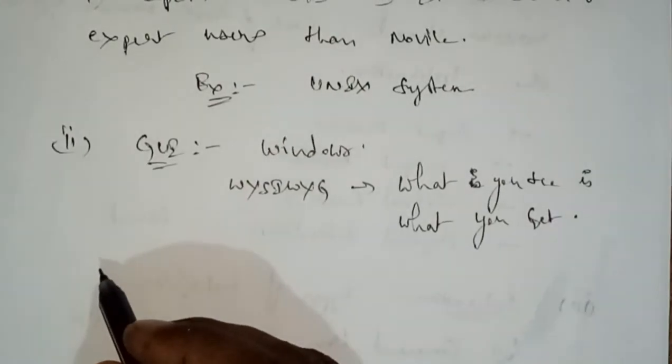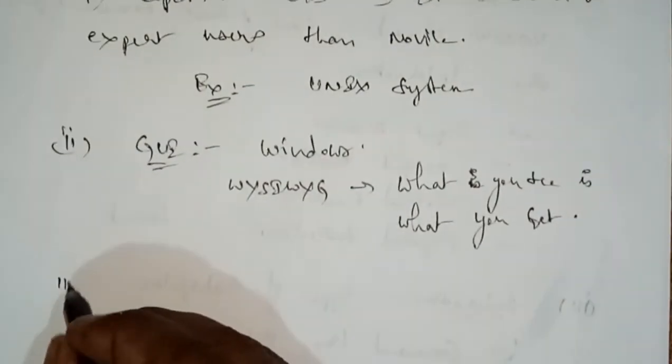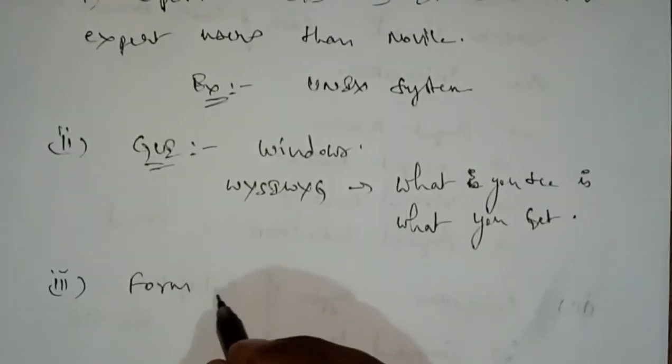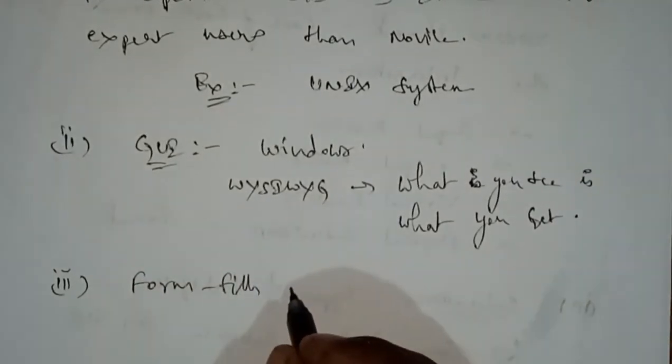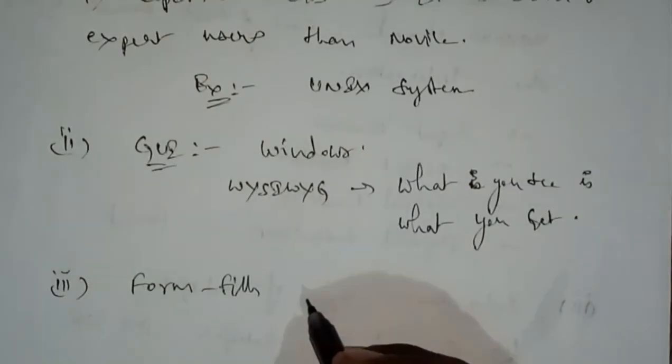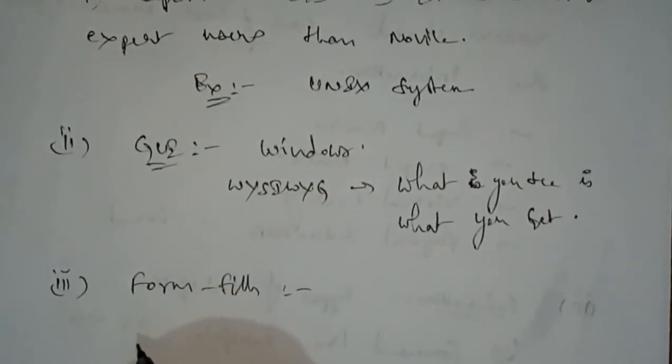The third one is form fills. Here, primarily for data entry or data retrieval, we can use form fields. Data can be put in the relevant place, and it requires good design.